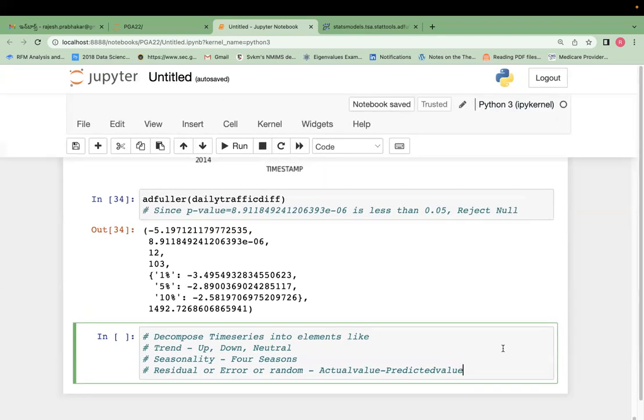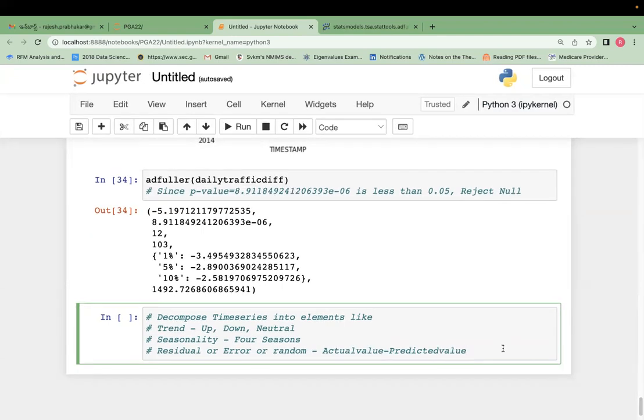Decomposing of time series into 3 components: trend component, seasonality component, and the random or the residual component.